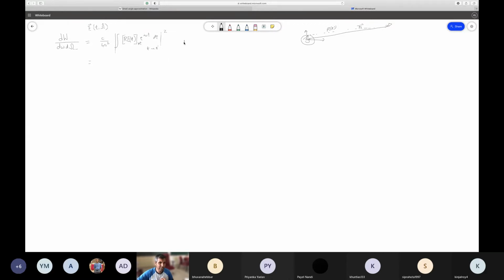And you recall retarded time is equal to t minus r(t prime) by c, and r(t prime) is just this distance. This is the light, sorry, r divided by c, is the time taken for light to travel from this position to the observer.